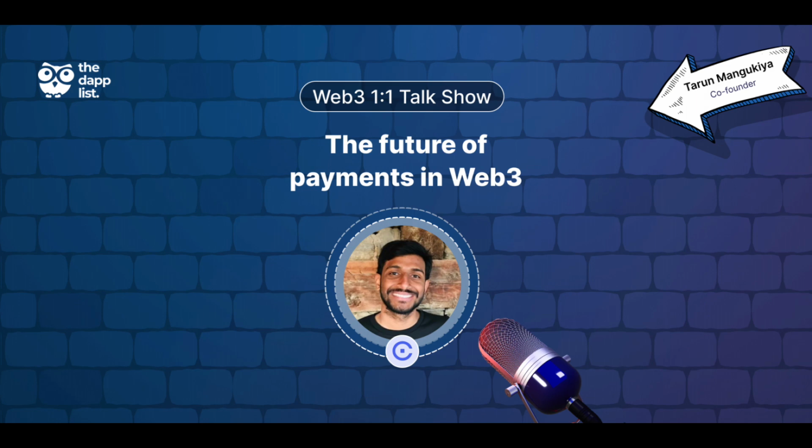So tell us and give us a brief overview of what Copperx is and how it works. Okay. I think in simpler terms, it's the Stripe for Web3. At Copperx we are building blockchain payment APIs for businesses. We have features like payment links, invoicing, recurring billing, and marketplace payments.